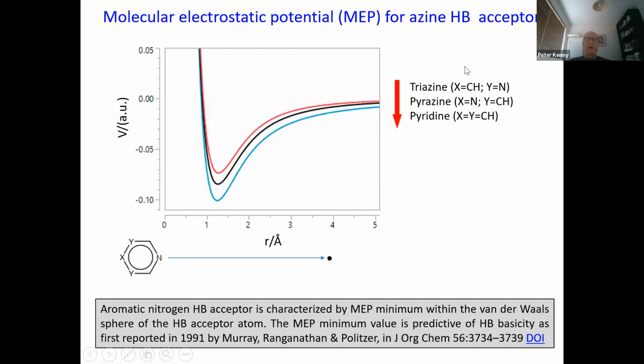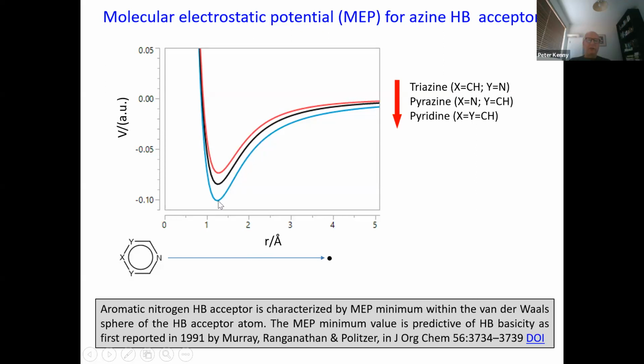Now, here's another way of looking at hydrogen bond acceptors. Imagine these azines: triazine, pyrazine, and pyridine, and I'm measuring the electrostatic potential at a point along what we call the lone pair axis. And you can see what happens. A long way away, the electrostatic potential tends to zero. As you get closer to the nucleus of the pyridine, the electrostatic potential gets more and more negative.